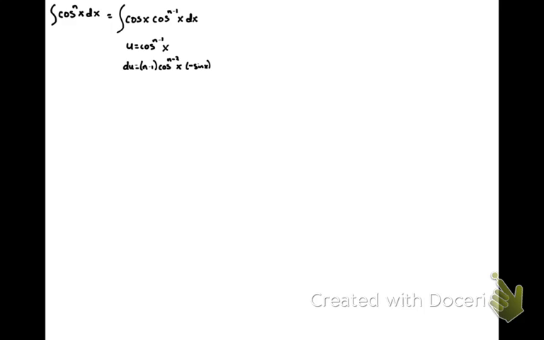And since we're using integration by parts, I'm going to let dv be equal to cosine x dx, and this means that v must be equal to sine of x.